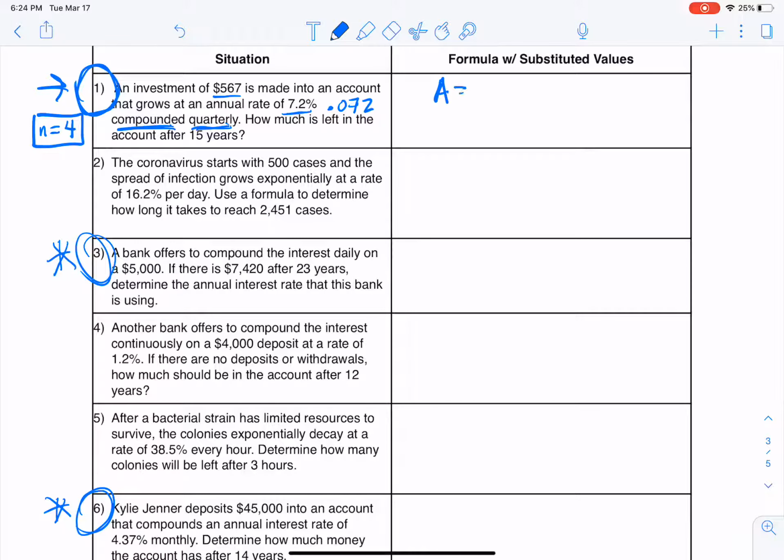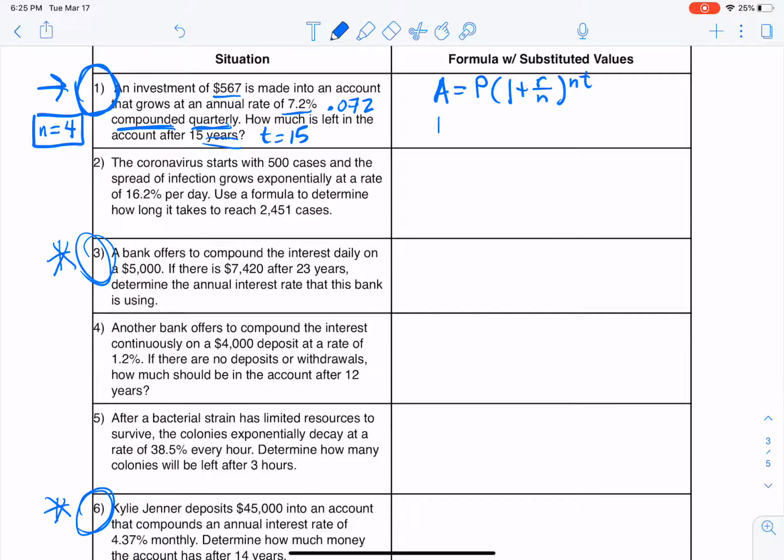Well, if we go back to our compound interest formula, it's the ending amount is equal to what we start with times 1 plus the rate divided by the compounding periods raised to the power of n times t. So in this case, because it's quarterly, our n value is 4. The time we're interested in is 15, after 15 years.